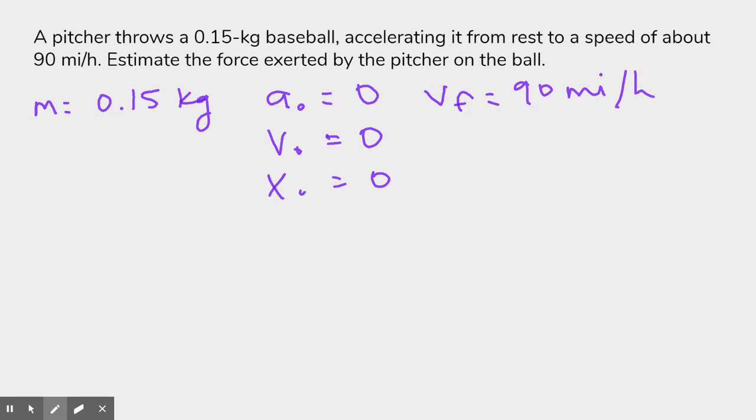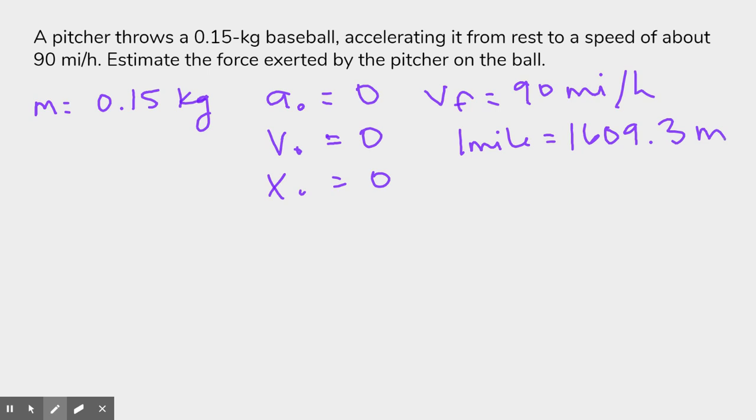Now, before you go any further, you might notice that the velocity is in miles per hour, but we always want our velocity in meters per second. So using 1 mile equals 1609.3 meters, I want y'all to convert 90 miles per hour into meters per second.